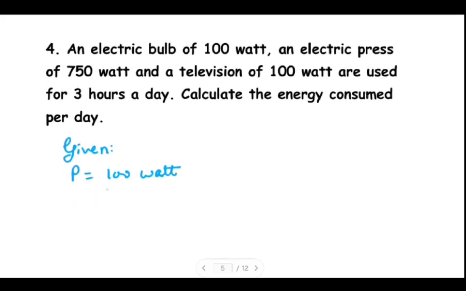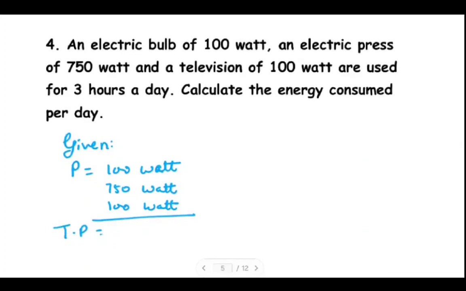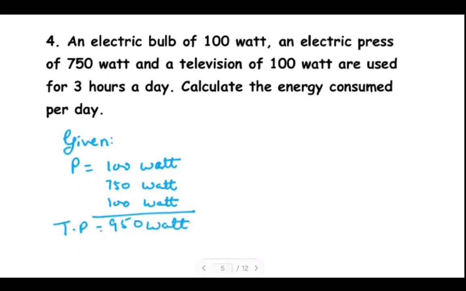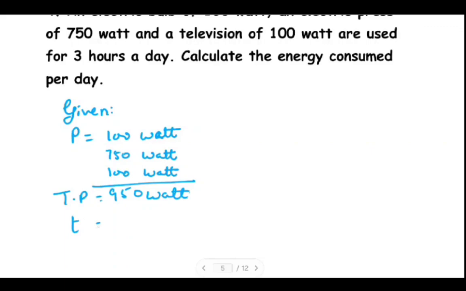Then an electric press is also used, 750 watt. Then television also used, 100 watt. So how much is the total power consumed? 950 watt is the total power consumed for how long during the day? 3 hours a day. Correct?